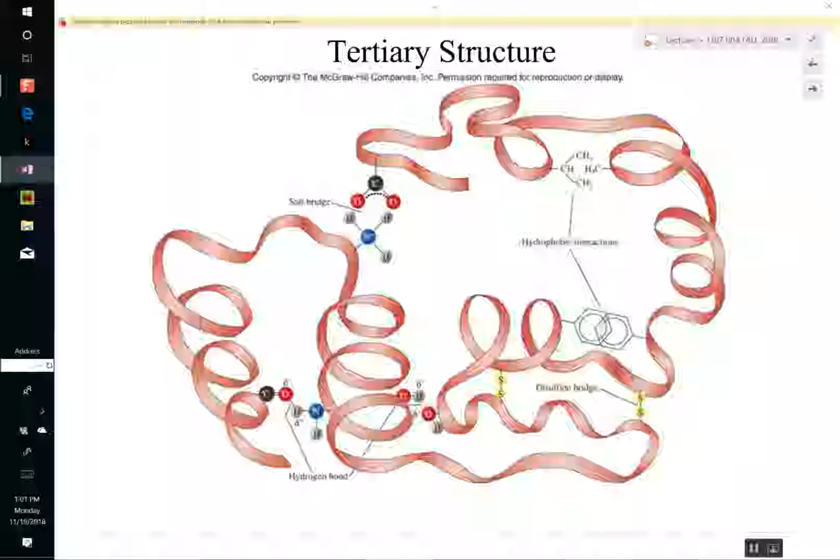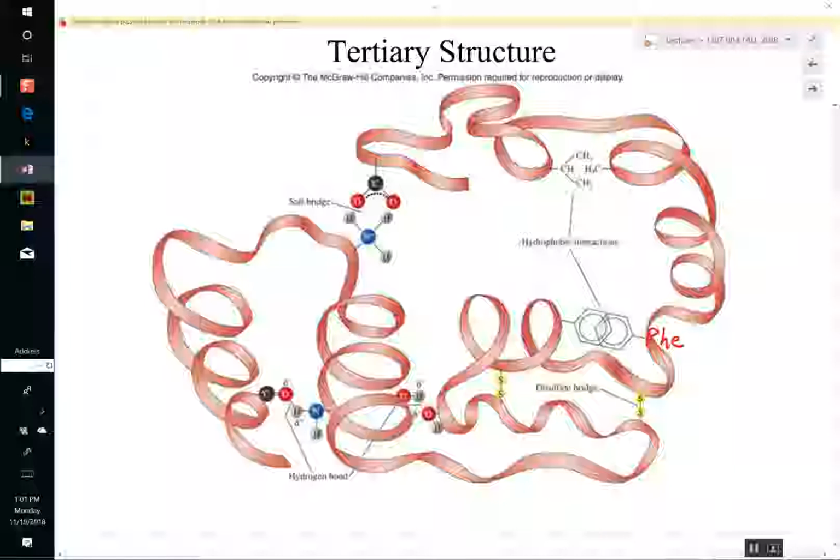Now, why do they have to be in a particular order? They have to be in a particular order because this R group has to be right here so that it can have this kind of an interaction with this R group that is maybe 100 amino acids later, and you get this interaction. Here's one where you can probably see it.